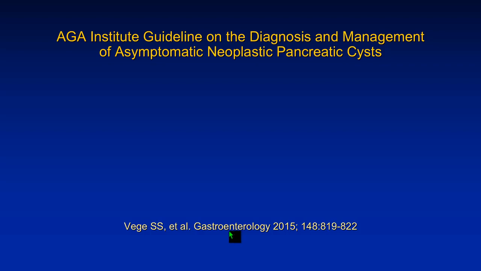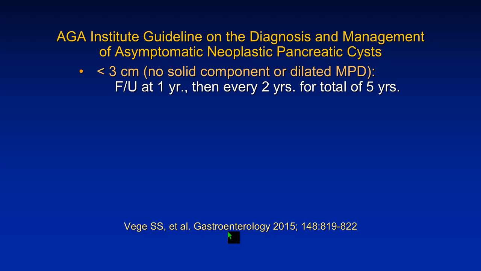Well, most of the guidelines don't really address how long we should continue following the lesions. One that does is the AGA guideline, and what it says is that if you have a lesion that is less than 3 centimeters, you should do a 1-year follow-up, and if it's stable, then do 2 2-year follow-ups. And if at the end of 5 years the lesion has not changed, then stop following it.